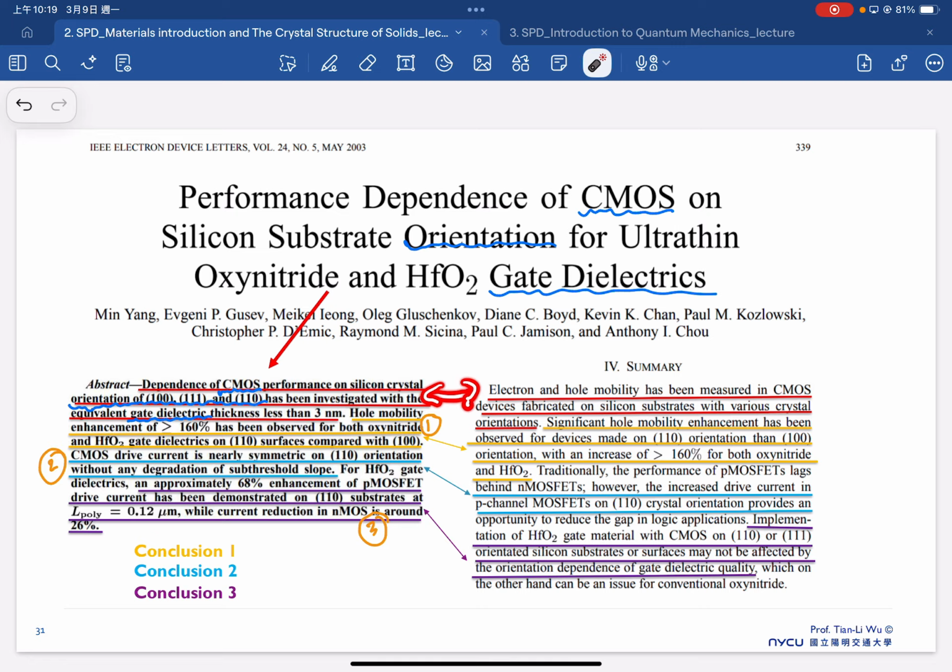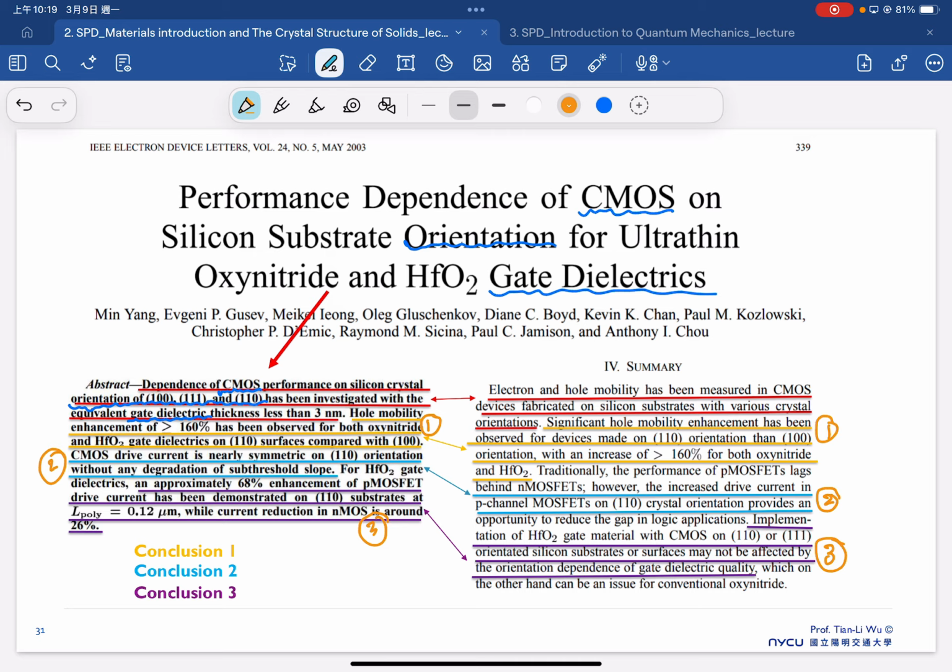But in the summary, we will also emphasize the conclusions again. So still, we will list the three conclusions. If you look at this sentence, it is exactly like the abstract, but just uses a different way to rewrite it. But the message the summary wants to deliver is very similar to the message coming from the abstract.